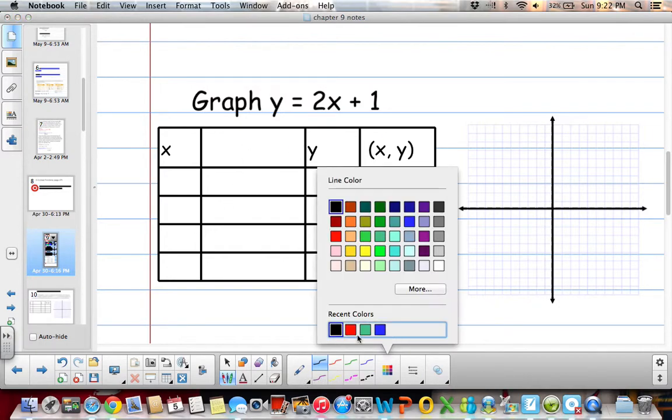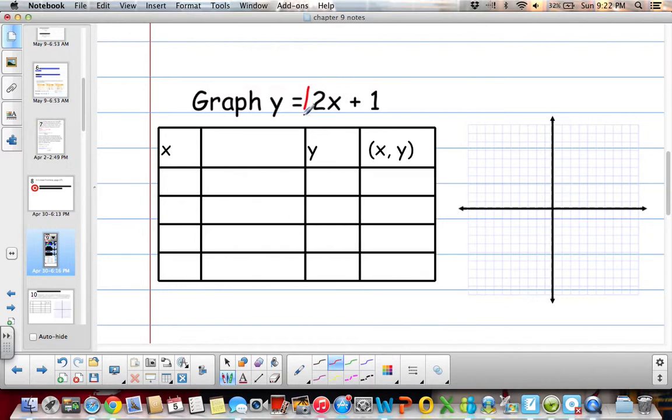Okay, so we take our 2x plus 1, and we're going to put it right into here. So 2x plus 1. Okay, I'll do 0, 1, 2, and 3 again. If you used different ones, that's totally fine. They'll still match up to our line, so we still would have the same exact line.